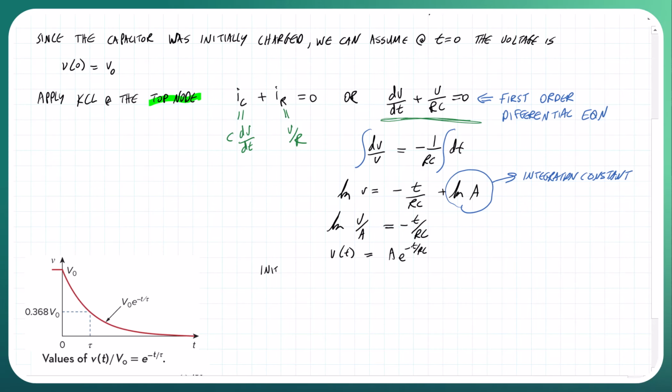From the initial conditions, we can further rewrite this equation. The initial condition was that V of 0 is equal to A, which equals V naught. So then we can rewrite this equation as V of t is equal to V naught e to the minus t over RC.